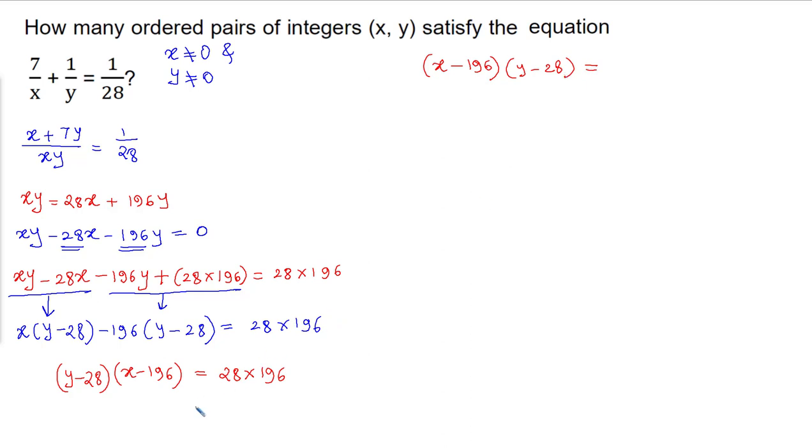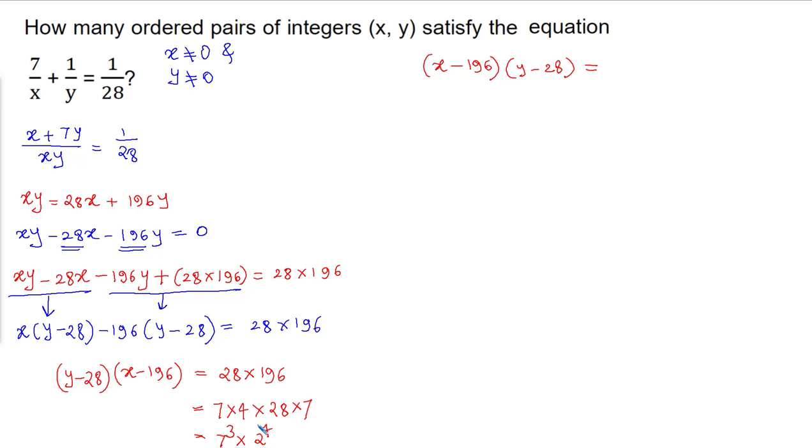Now let's prime factorize this. 28 is 7 into 4. Then 196 is 28 into 7. So the prime factorization is going to be 7 to the power 3 into 2 to the power 4.